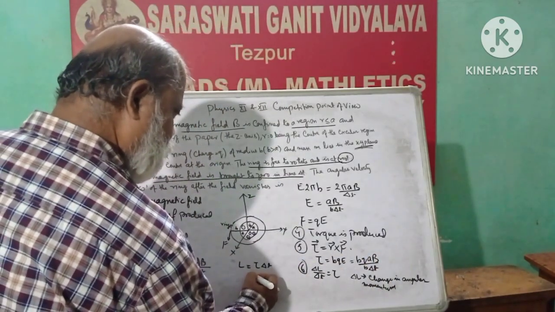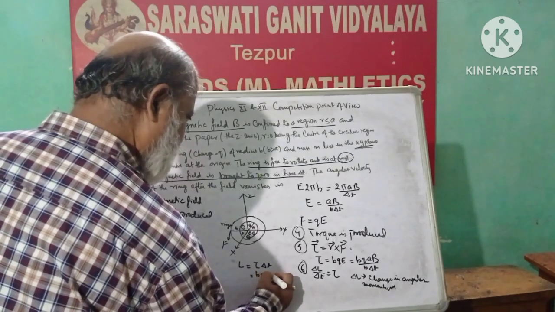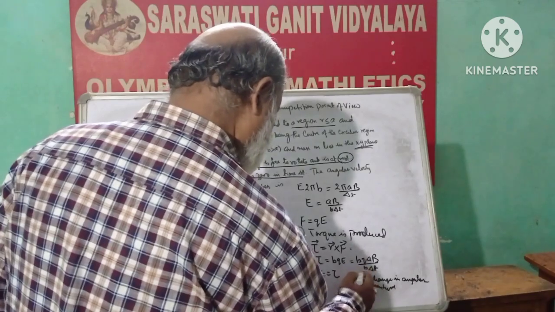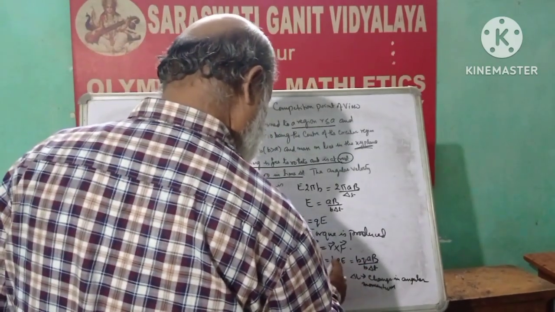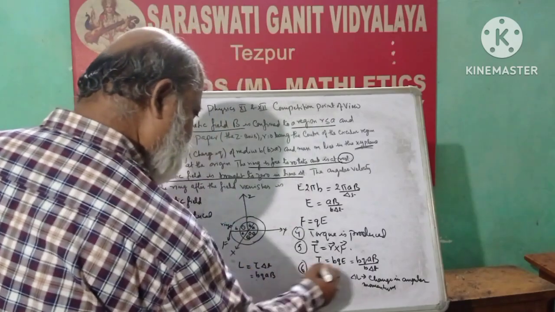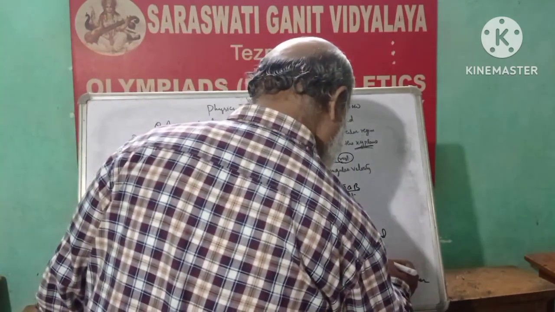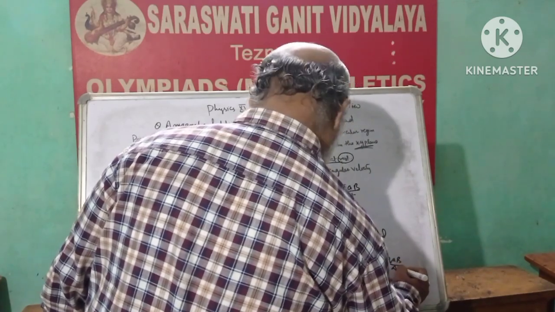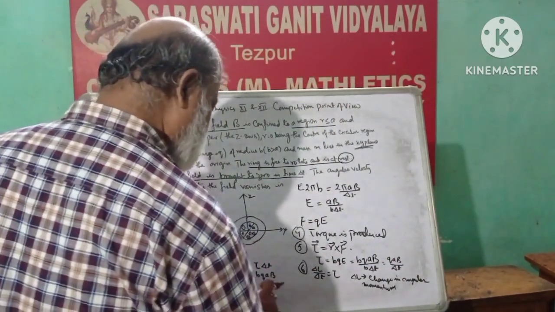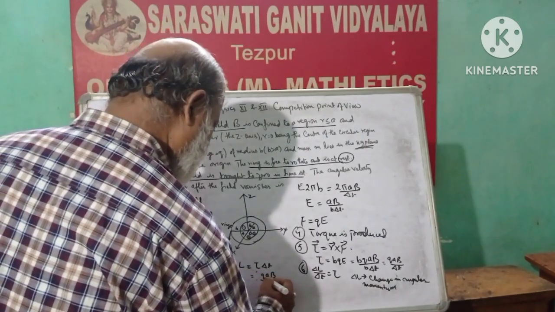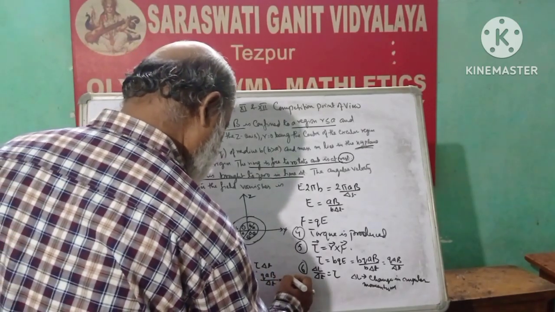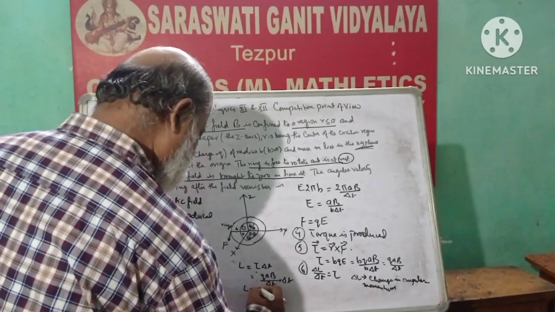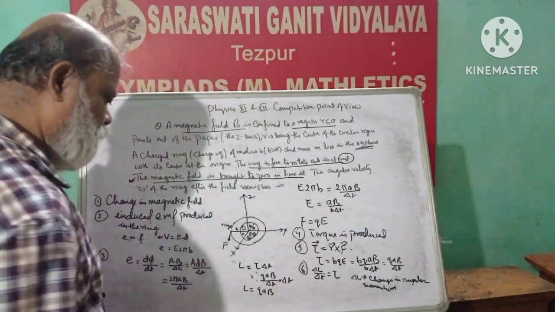This is your torque, b q a B by b delta t. The b cancels out, so this will be q a B by delta t into delta t. This delta t cancels out, and the angular momentum will be q a B. This will be your angular momentum.